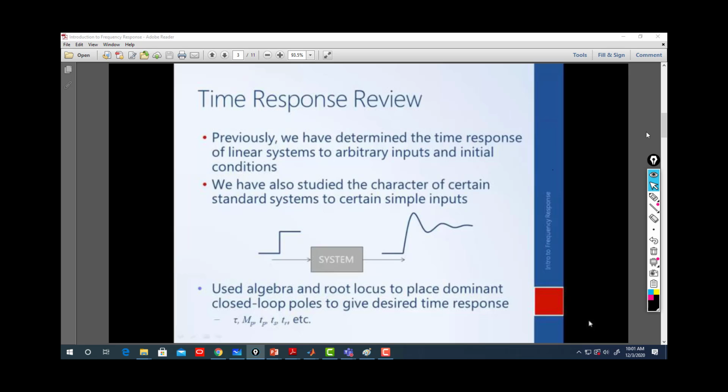So now, if you have a desired time response, you use your controller to achieve it. Your controller basically is relocating the poles of your system to another place to meet your desired response.